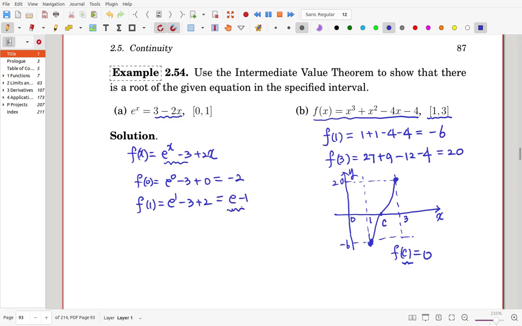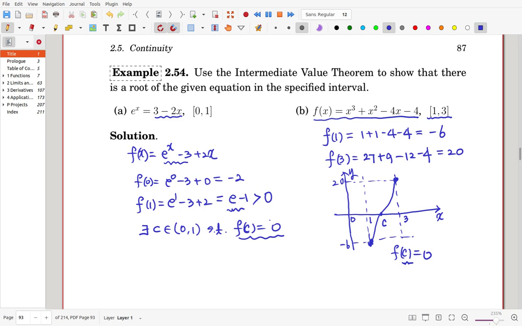e is larger than 2, so it is positive. In the beginning the value is negative, but later on the value is positive, so there must be some C between 0 and 1, such that at C the function value is 0. You don't have to write down the closed interval.